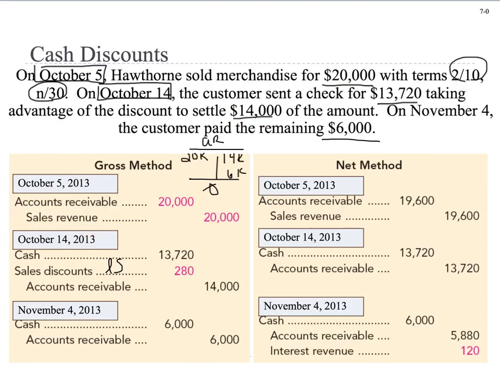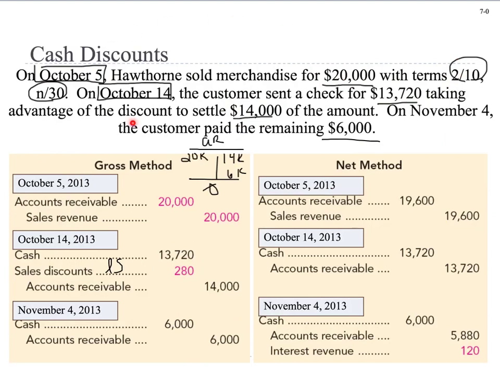Under the net method, you consider the discount as soon as the transaction has occurred. So they're going to book their sales revenue of $19,600 based on the $20,000 times the 2% discount, and then record the rest in accounts receivable.